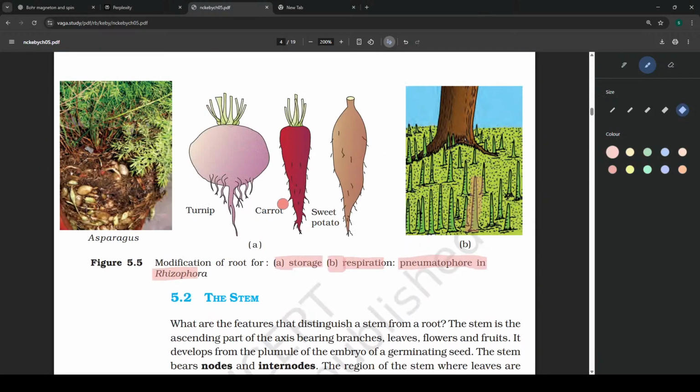These are the storage modifications, that is turnip, carrot, and sweet potato. Sweet potato is an adventitious root modification. It seems that is hard to understand, but just remember it is adventitious root modification. There is not enough space to write there.